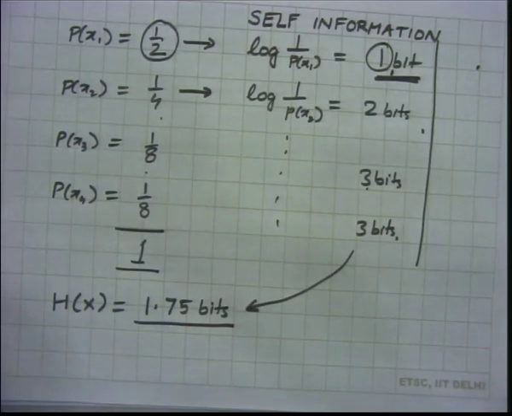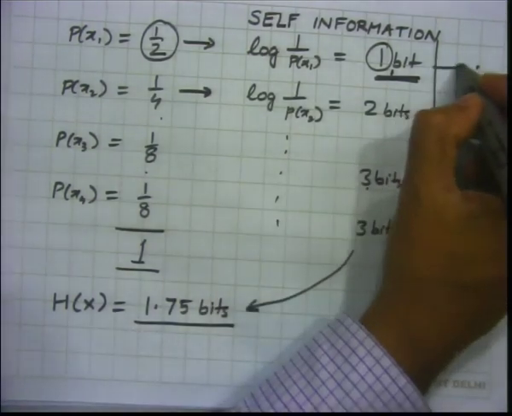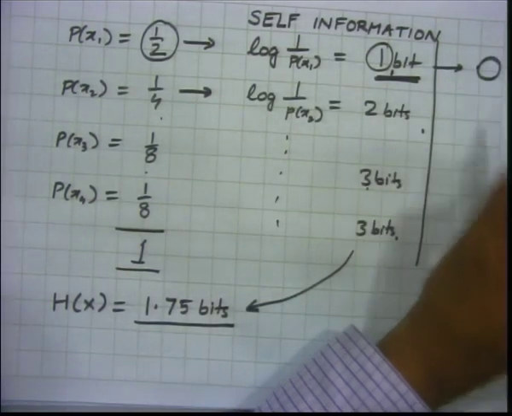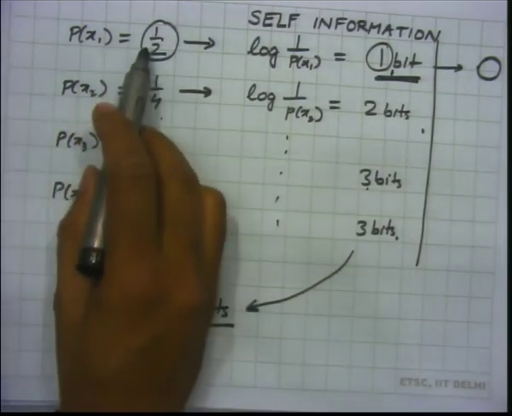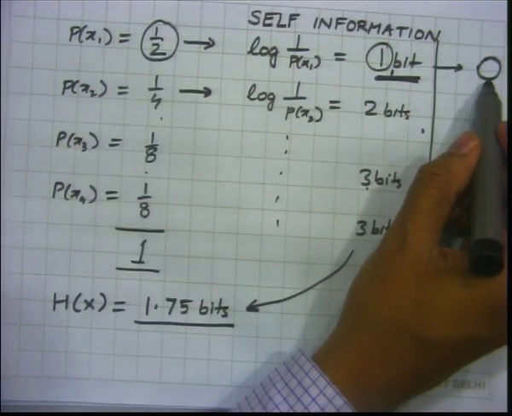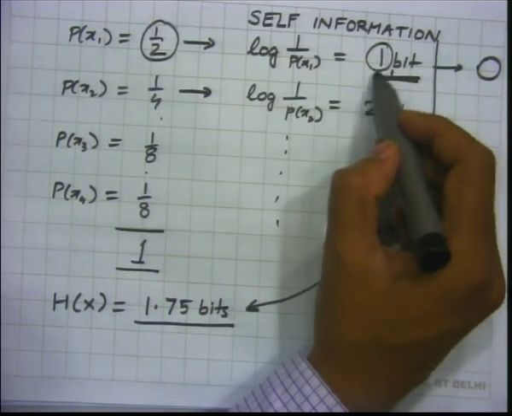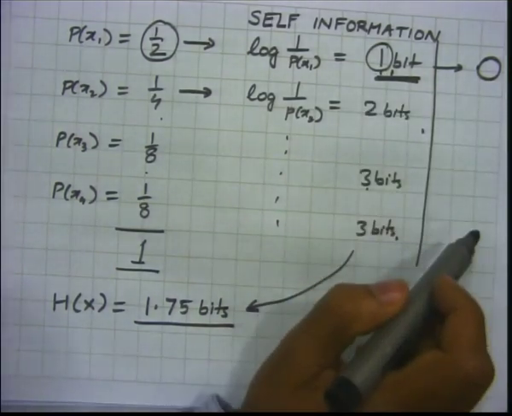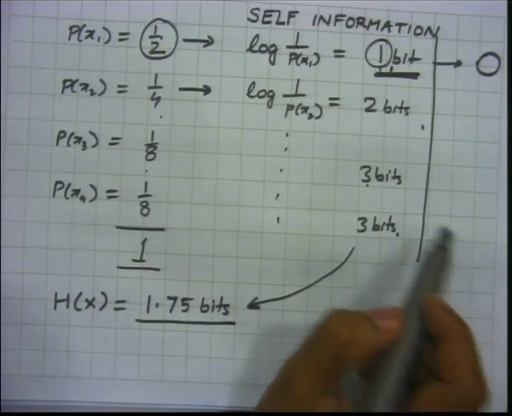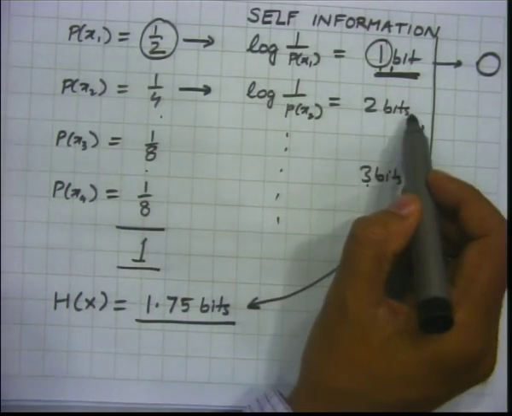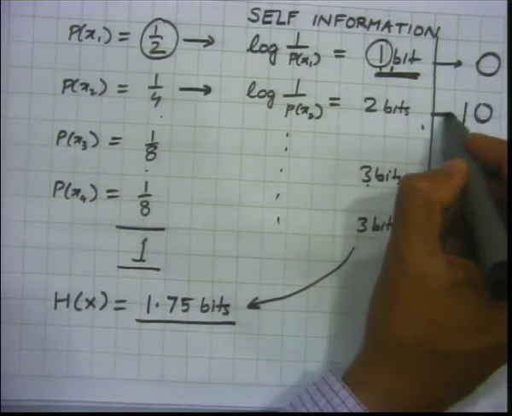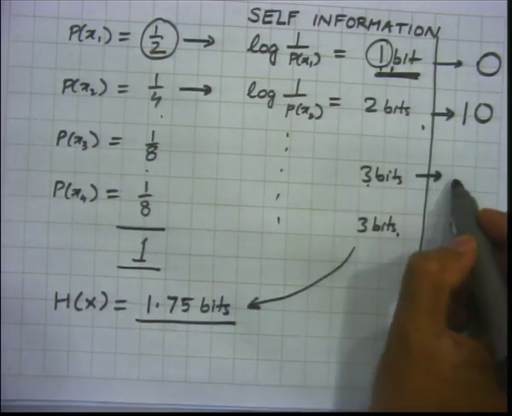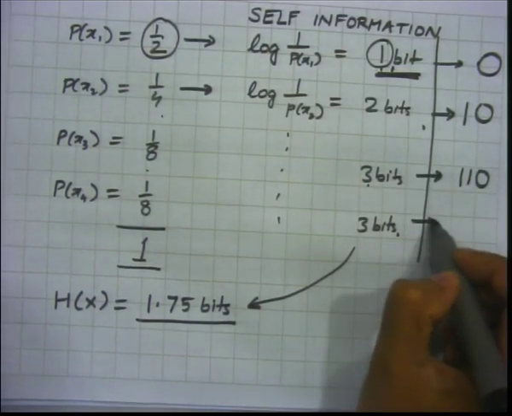So, as we had in the previous case, we assign this a 0. Most frequently occurring, minimum number of bits. Self information is 1 bit, I have given it 1 bit. What about this guy? Its self information is 2 bits, so I give it 10. I give this guy 110 and 111.